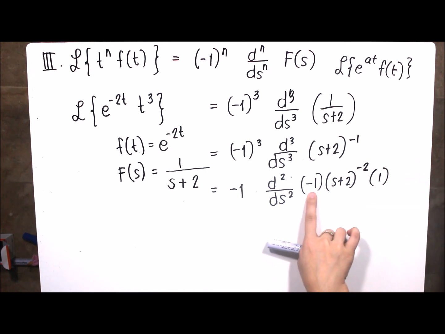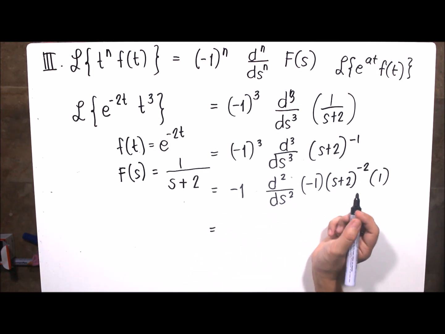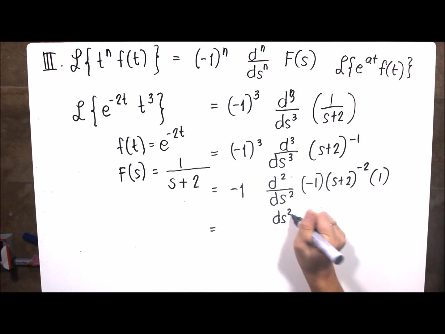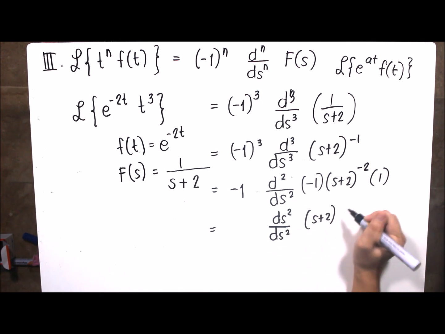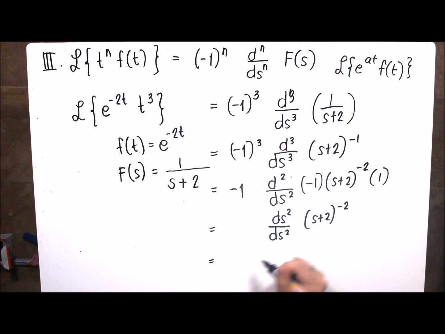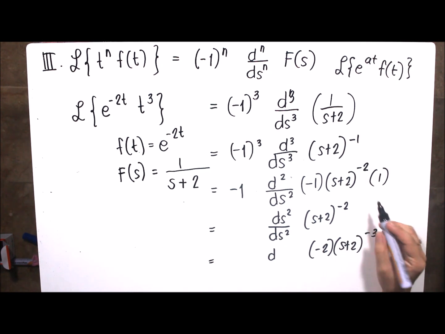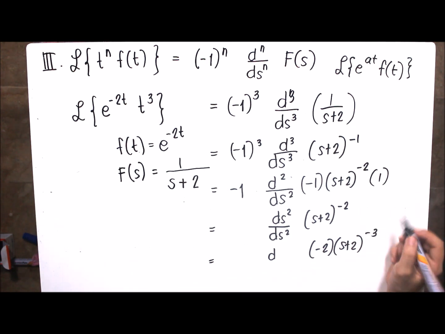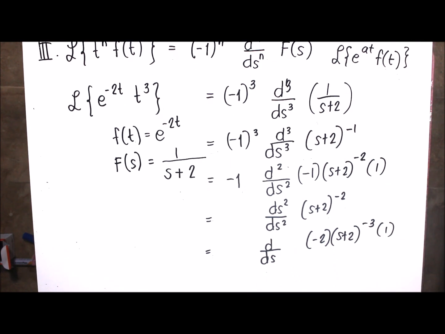So, applying, we can multiply the constant to this constant, so we'll get positive 1, and then we'll take the two derivatives of s plus 2 raised to negative 2. Thus, if you take the derivative, which is negative 2, s plus 2 raised to negative 3, minus 1 times 1, we will only be left with one more derivative.